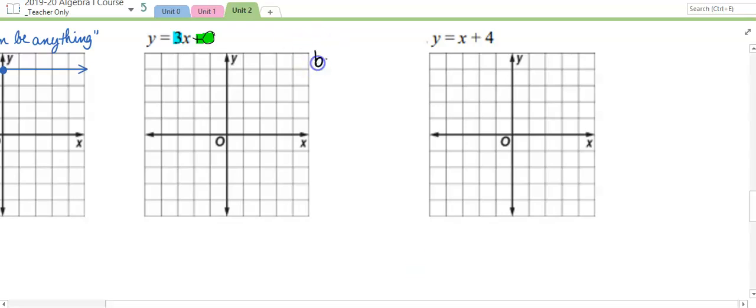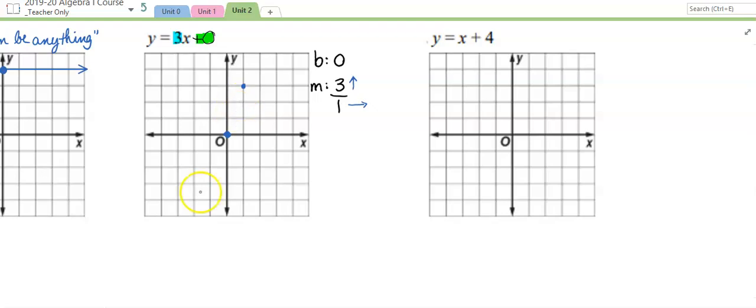I'm going to begin with 0 and move 3. Now we want our slope to always look like rise over run, and right now it just looks like rise. What can I put it over without changing the value? What can I divide 3 by so that it stays 3? 1. So let's try. We're going to begin at 0 and move up 3, right 1. And now I have my line.